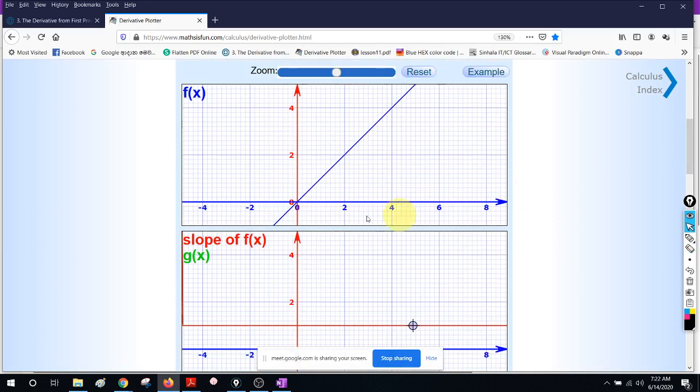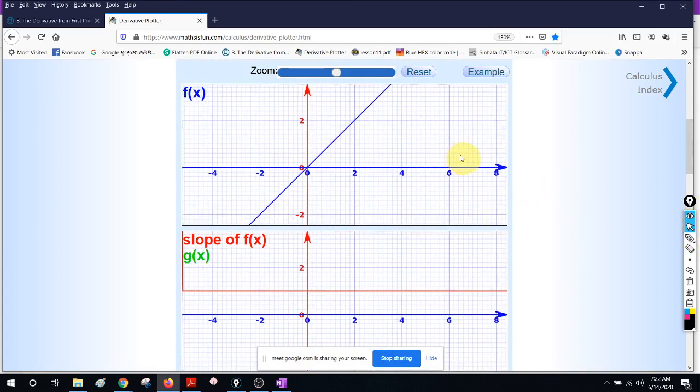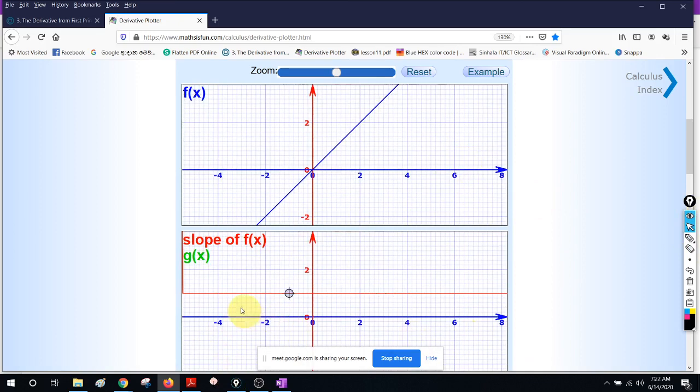Now closely look at it. At this point the rate of change is, now I will just make it a little bit bigger. Right, now you can see it down. This is the x-axis. Now this is the rate of change function, y equal 1, or something like this. So this is my f(x), and this red line is my f dash x.